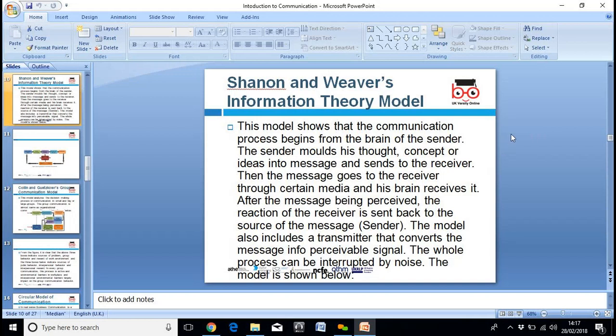After the message is perceived, the reaction of the receiver is sent back to the source of the message, the sender. The model also includes a transmitter that converts the message into some sort of perceivable signal. That can be verbal or it can be visual. The whole process can be interrupted by noise or background noise.